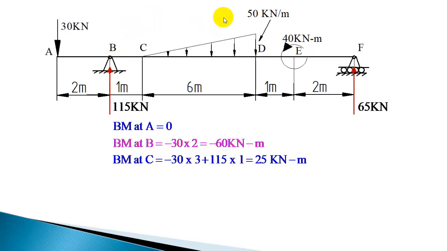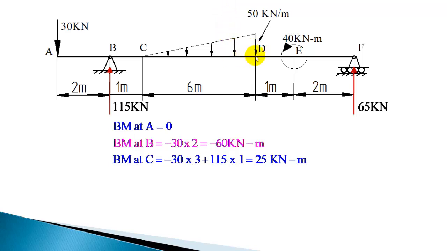And this load, when you take it at D, this complete load of 150 kilonewton, that is the resultant of the UVL, will act 4 meter from here, but from D it is acting 2 meter away. So this load will produce a negative moment. So minus 150 into 2 meter.